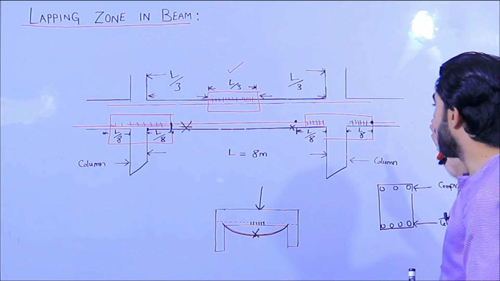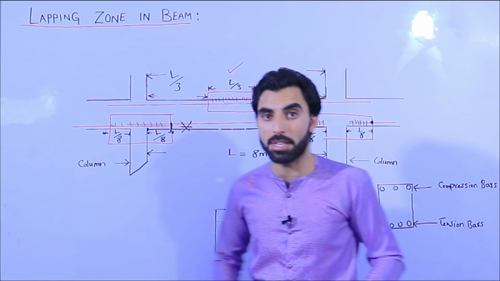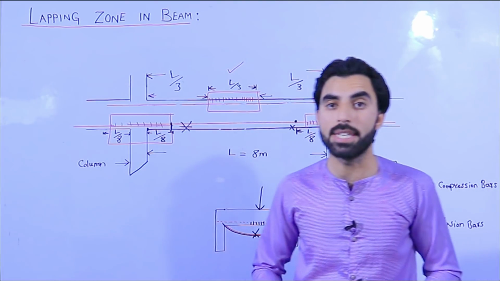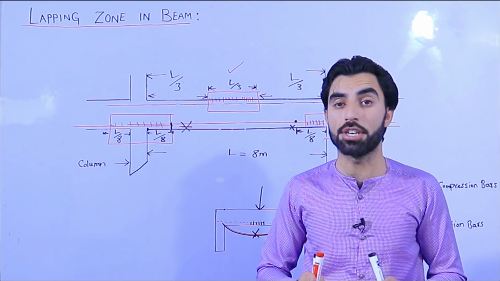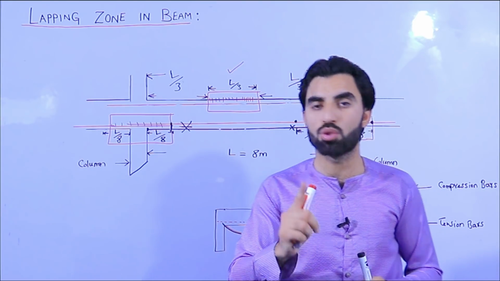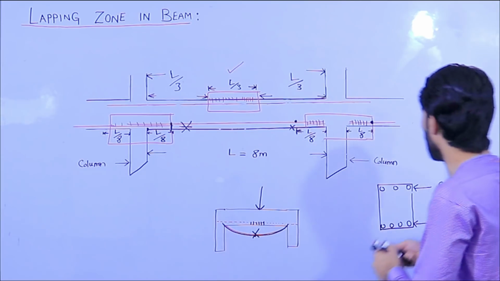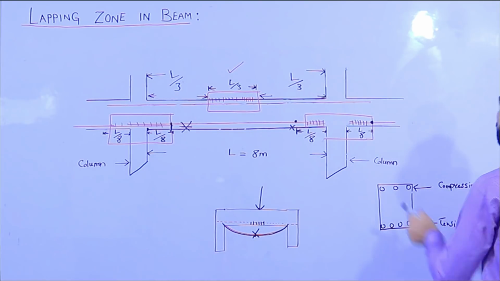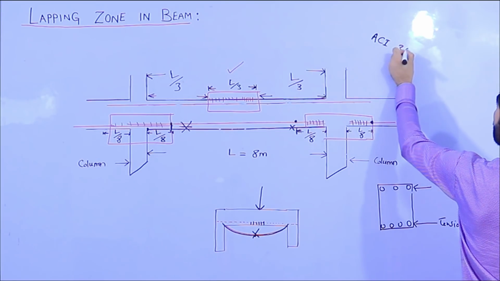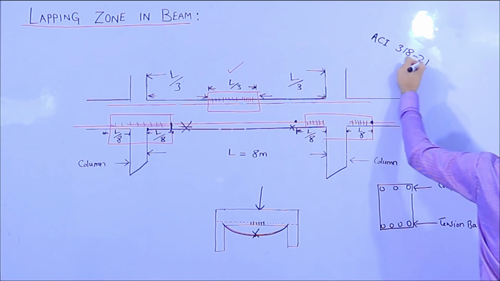So guys, this is a very important point, but I forgot it at the start. This knowledge I can tell you from the ACI code, American Concrete Institute 318-21. You can get this information from ACI 318-21.